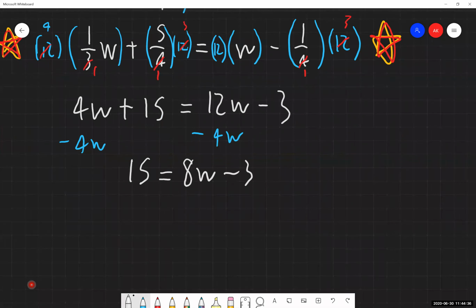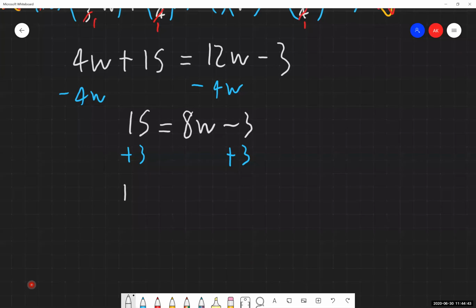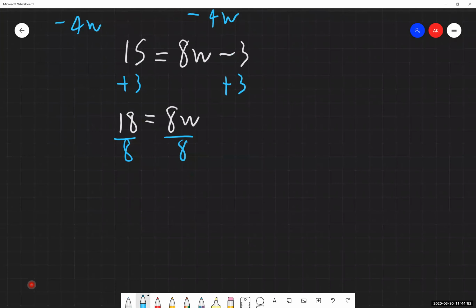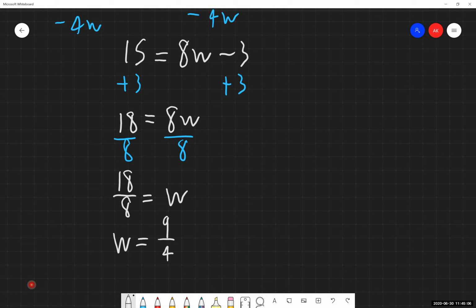I'm adding 3 to both sides, and I'm getting 18 is equal to 8W. Divide both sides by 8. We're getting 18 over 8 is equal to W. I'm just going to reverse this because I like having the variable on the left-hand side. Reducing the fraction down, I can divide both of those by 2, and I'm getting 9 over 4. And I have my final answer there.